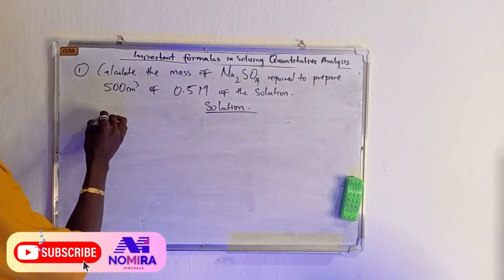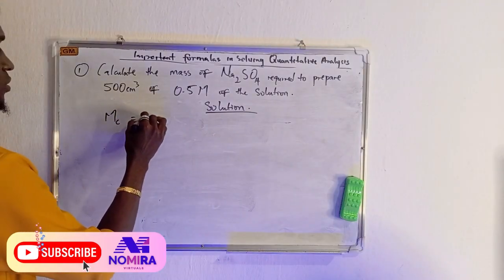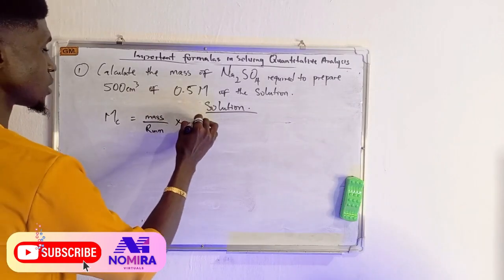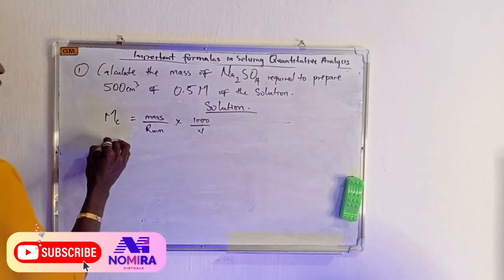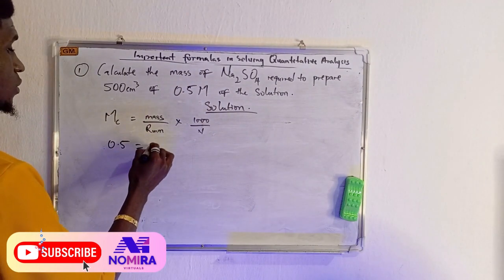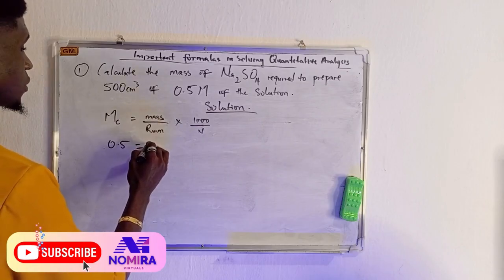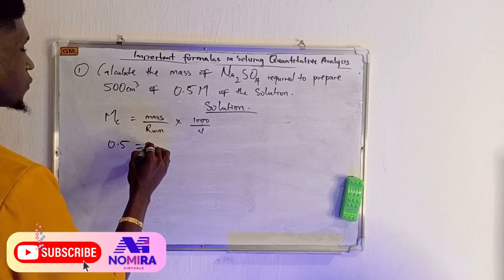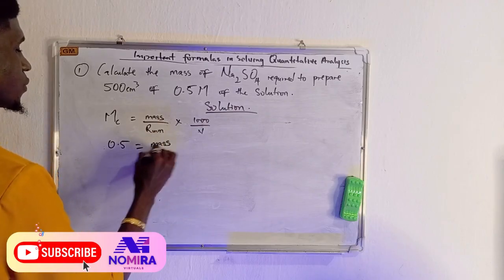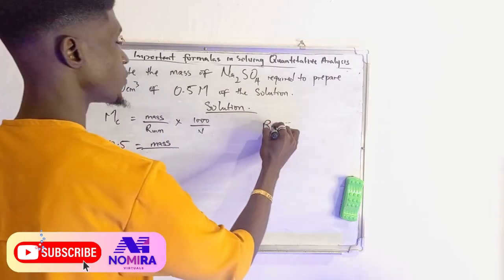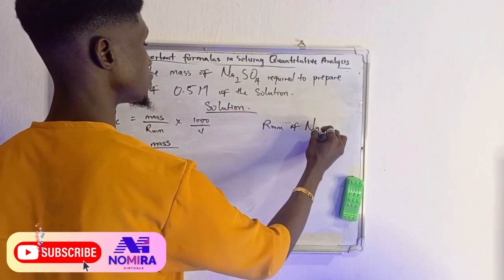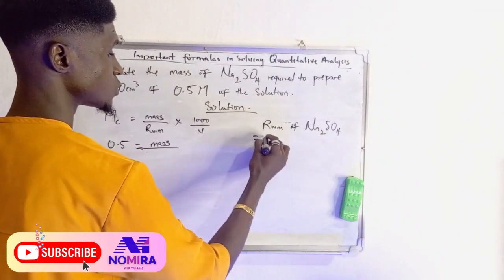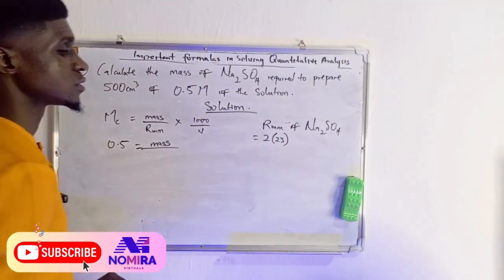Molar concentration is mass over molar mass times 1000 over the volume, where we have 0.5 is equal to the mass we are looking for, over the relative molecular mass of sodium sulfate.